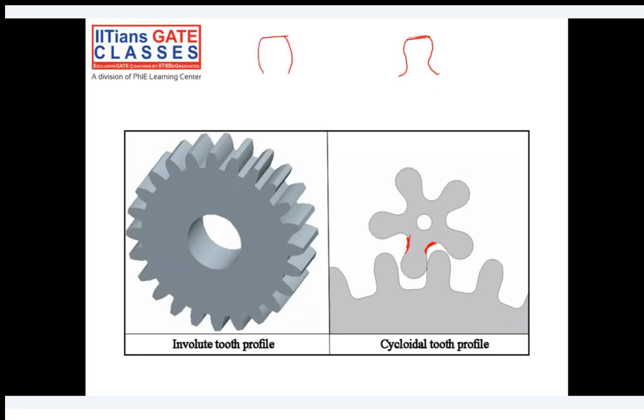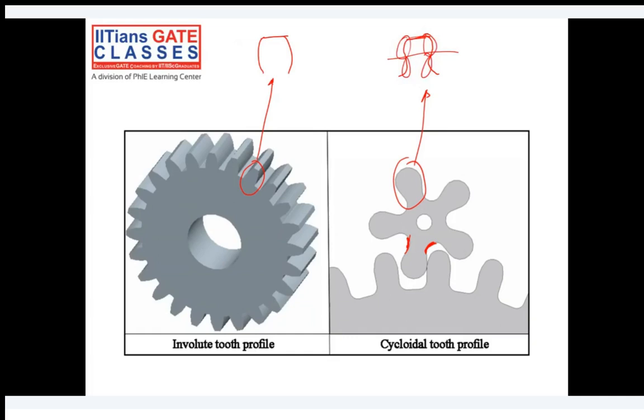I'm trying to draw this part and this part here to help you understand how exactly they look. So here this is epicycloid, these two are hypocycloids, and in this case these are the involute tooth profile.